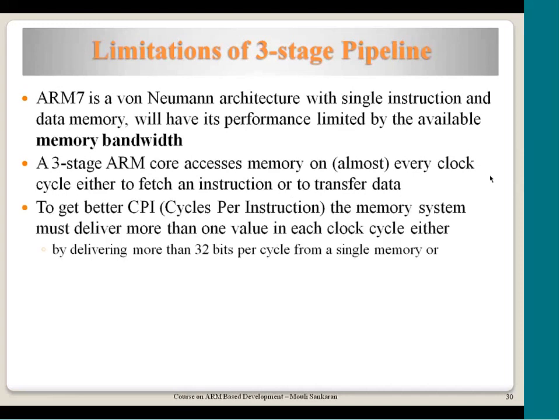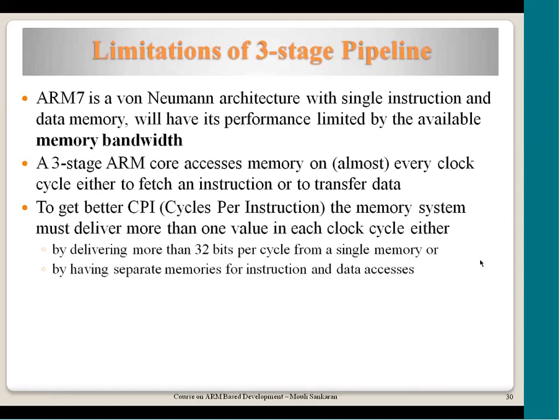To get a better cycle per instruction, suppose you want to improve the performance, I told you because of the store instruction, two cycles were missed out, two bubbles you saw in the previous cases. If you want to avoid such a penalty to the throughput, we need to do something.